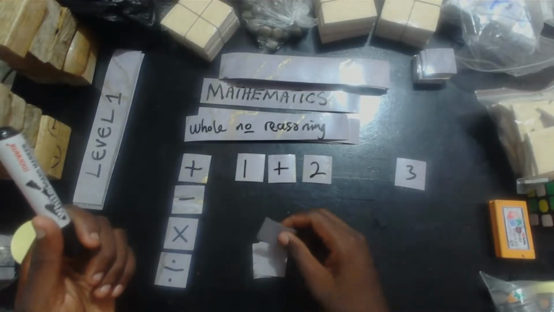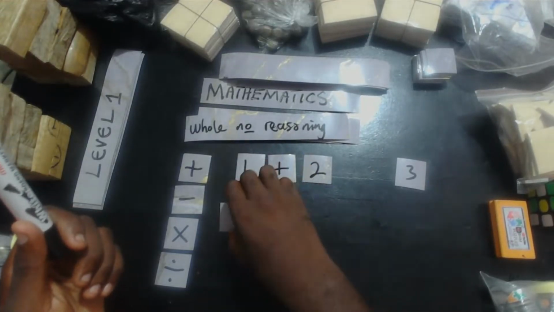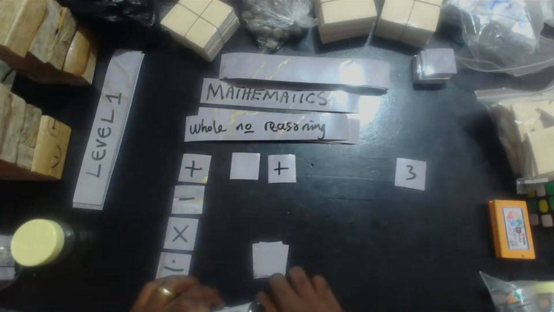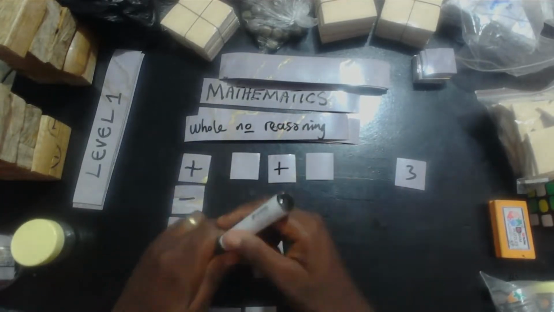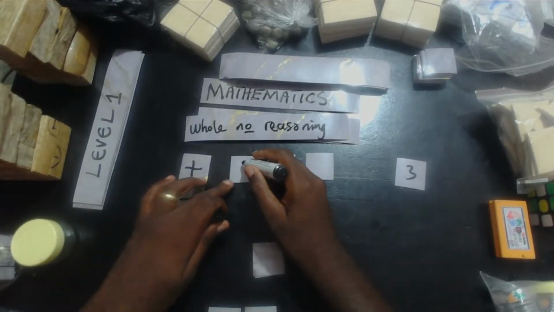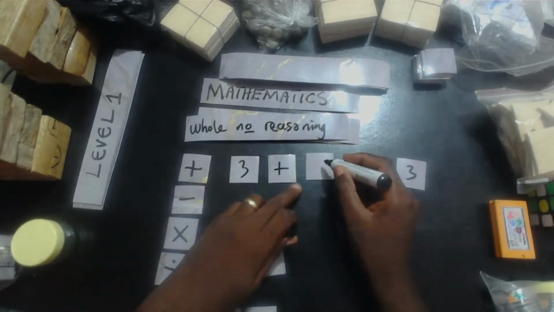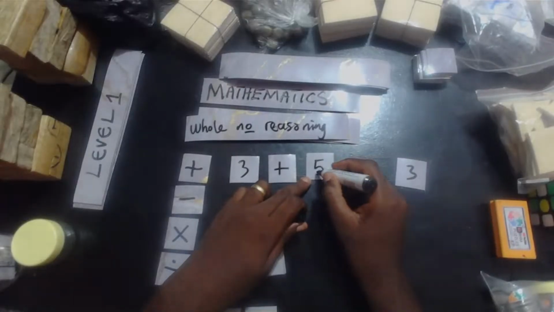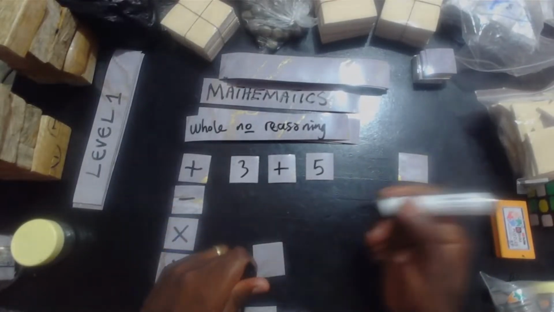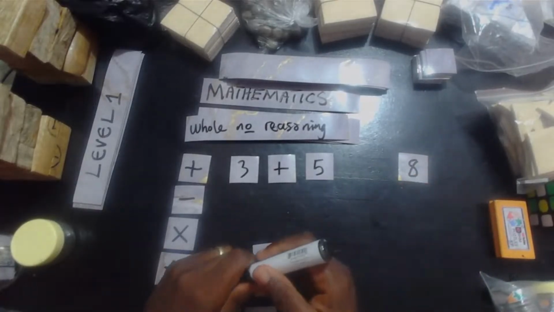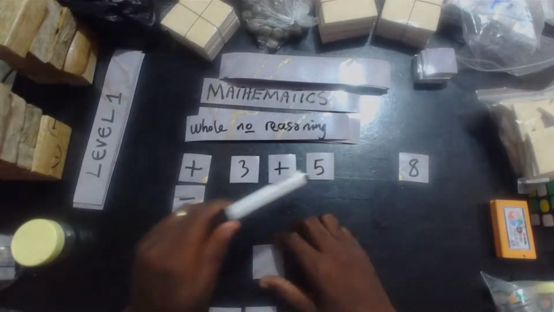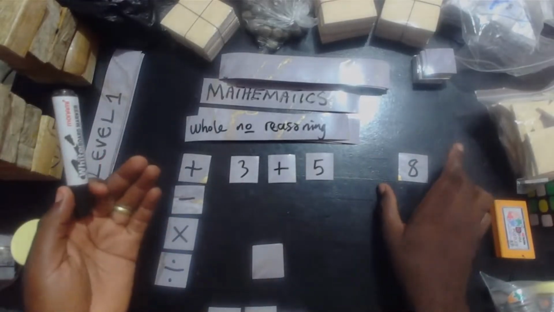Now, is there any number that we can sample that will not result in a whole number? So, in the set of all numbers added, we can have 3 and 5. You will notice that the answer to this will be 8. At no time will you have a whole number adding to a whole number to give you something apart from a whole number.